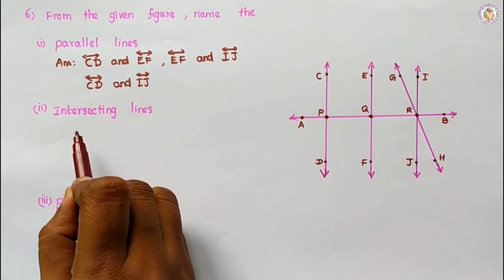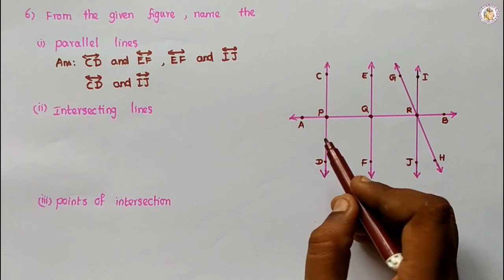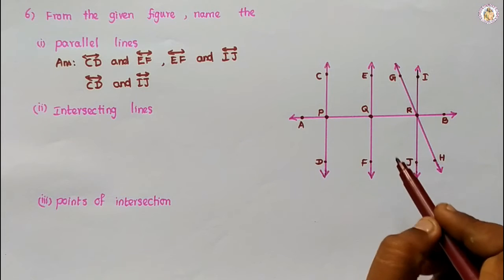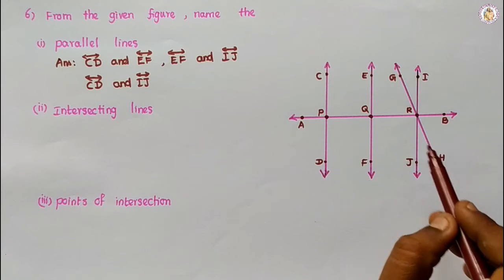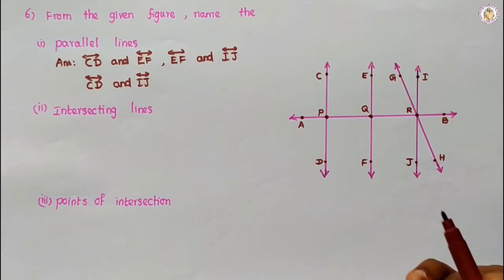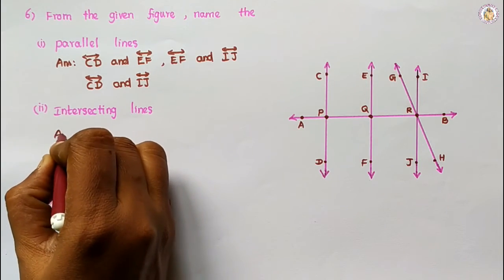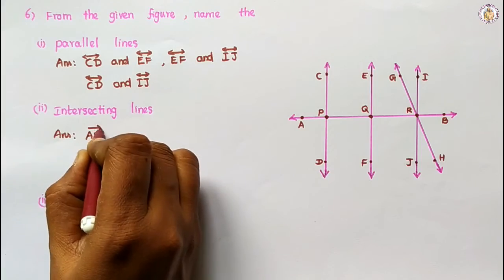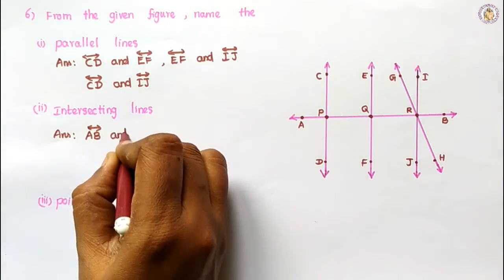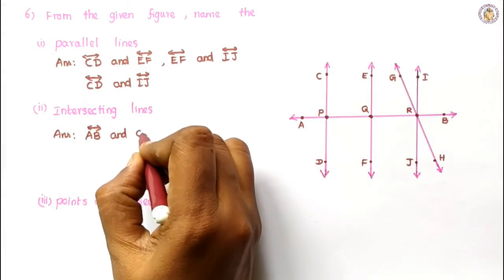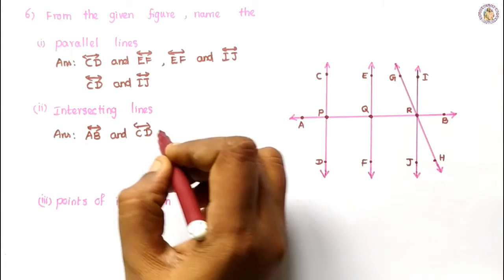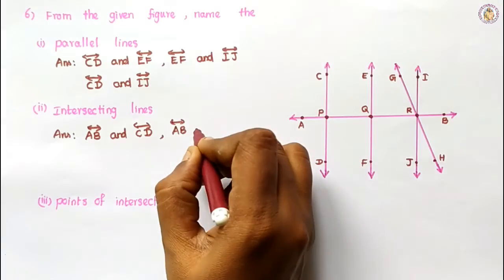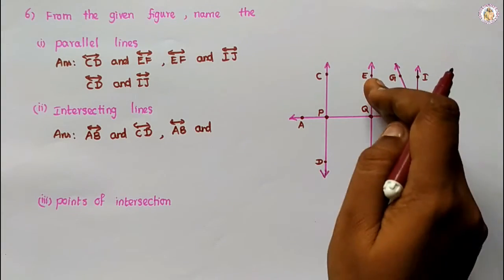Second one, intersecting lines. Listen, AB intersects CD, EF, IJ, GH. So AB intersects first, which one? CD. And AB intersects EF.